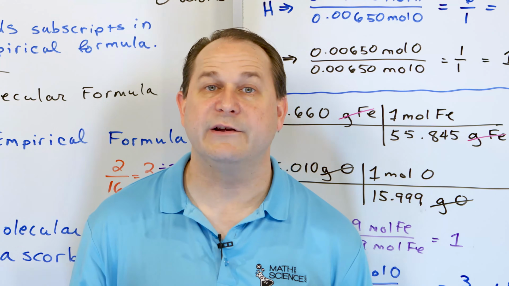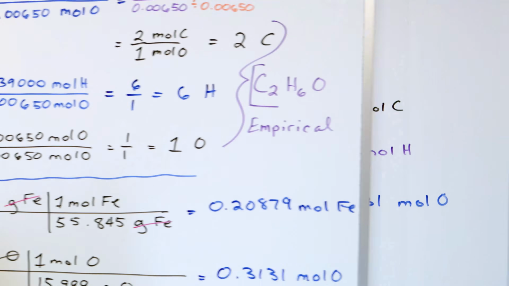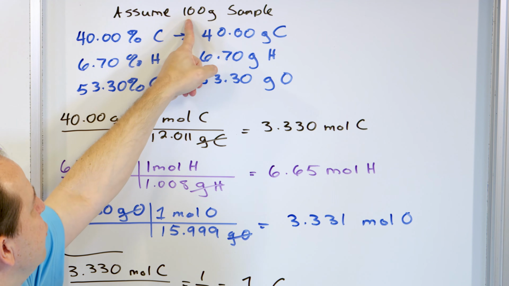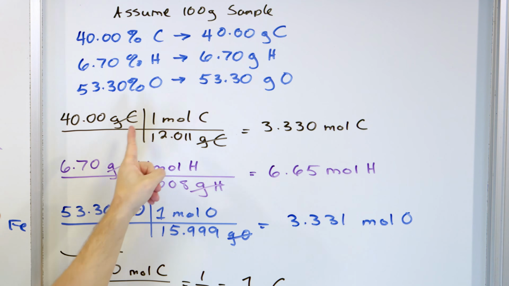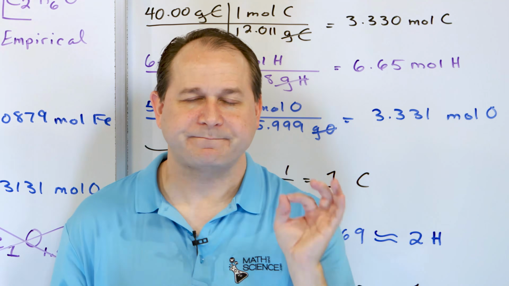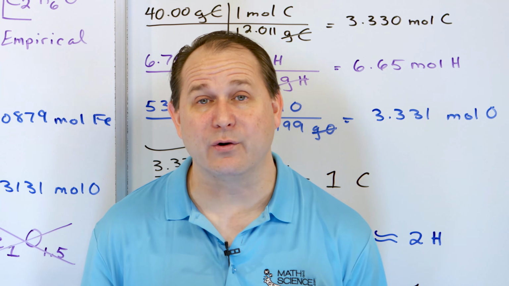And so when we do additional problems, if you have been given in your problem statement percentages by mass, then you need to assume a 100-gram sample to get the masses, to convert to moles, and then to do the mole ratio. All of that is how to find the empirical formula.